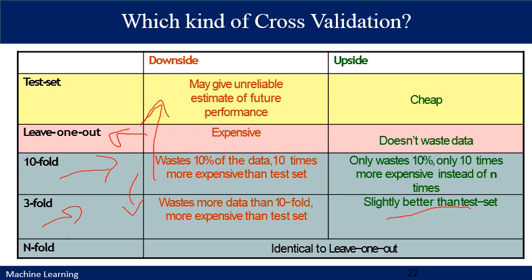And if you use n-fold cross validation, it is picking up only one example at a time, therefore it is identical to the leave one out method.